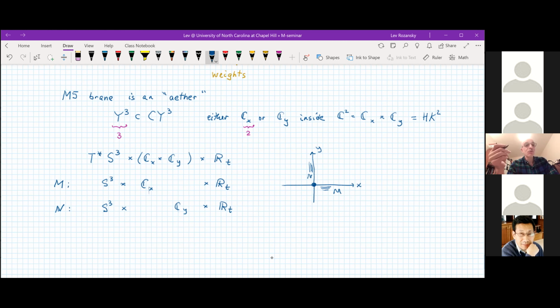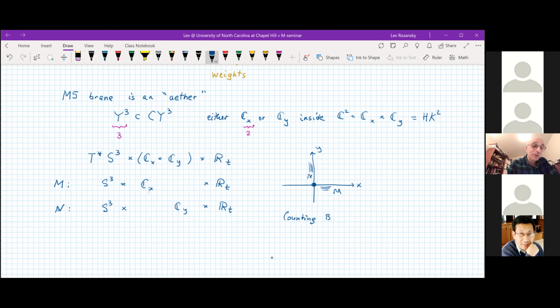So Greg Moore will call them frame BPS states. So we want to study frame BPS states corresponding to these defects in this 5D theory, which results from forgetting Calabi-Yau. So counting these framed states together with Q degree, remember that Q scales X with weight 2 and scales Y with weight -2.